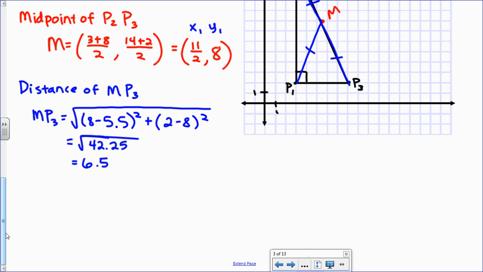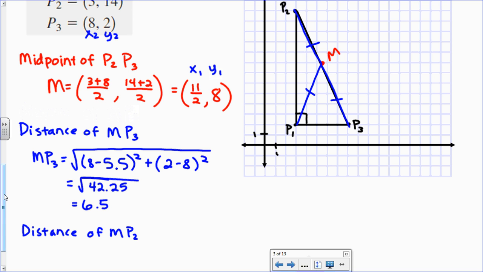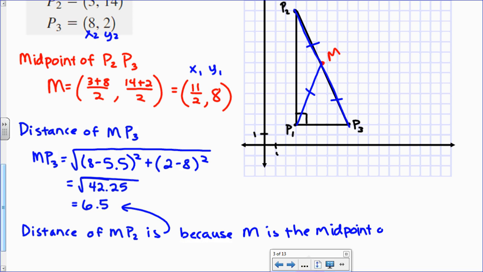Then I also know that 6.5 is the distance of M to P2, because M is the midpoint of that segment, right? That's the definition of a midpoint.